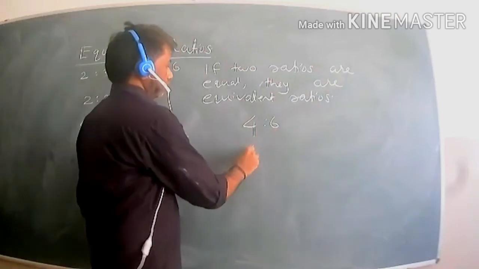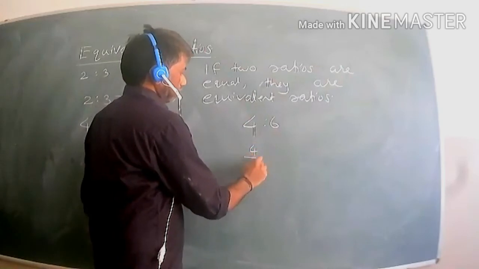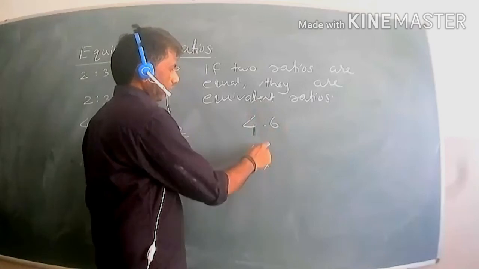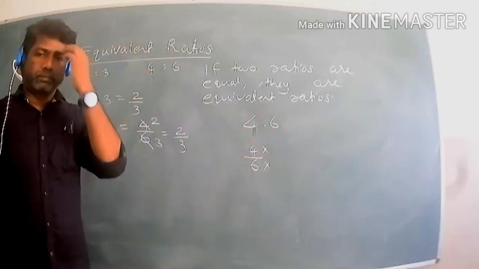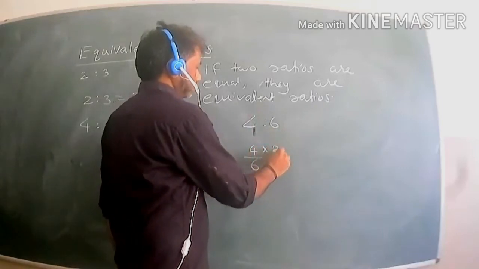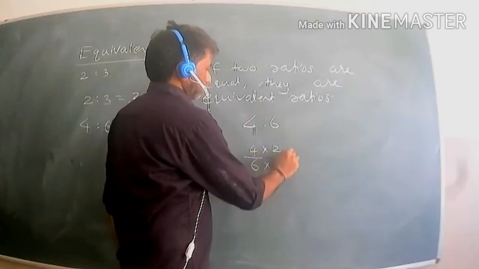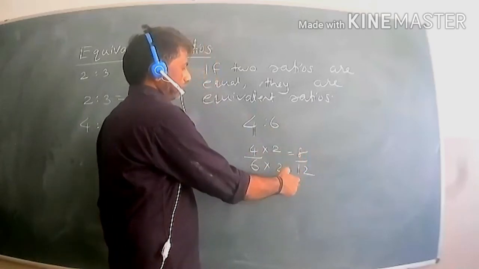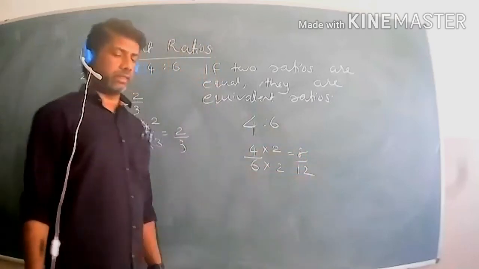4 is to 6 can be written as 4 by 6. If you multiply both the numerator and denominator by any number, you will get equivalent ratios. For example, multiply by 2: 4 2s are 8, 6 2s are 12, you will get 8 by 12. So 8 is to 12 is another equivalent ratio.